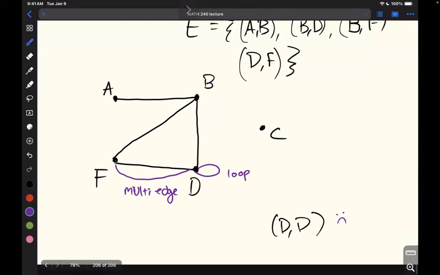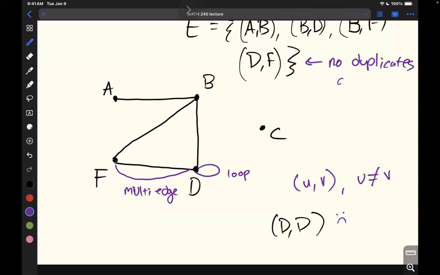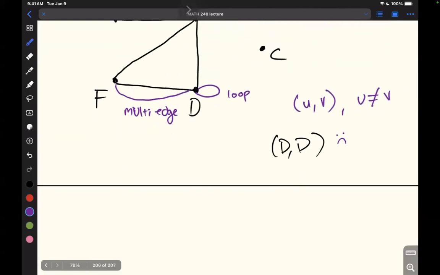And so generally we ignore such cases. So we assume that if we have an edge, let's just call one of the things U, the other thing V, U cannot equal V. And if we have an edge in our edge set already, we can't have it again, right? So there's no duplicates. Okay, so no duplicates allowed.